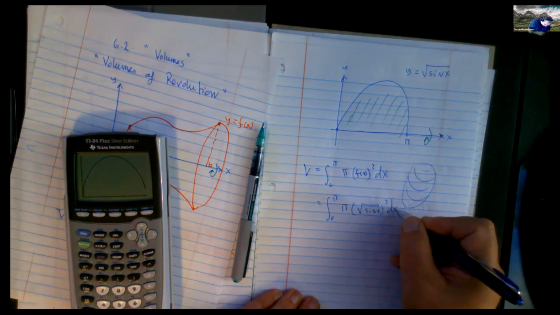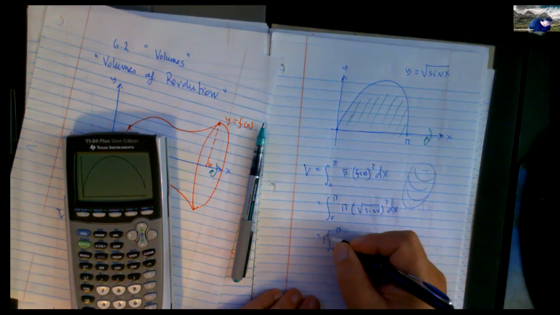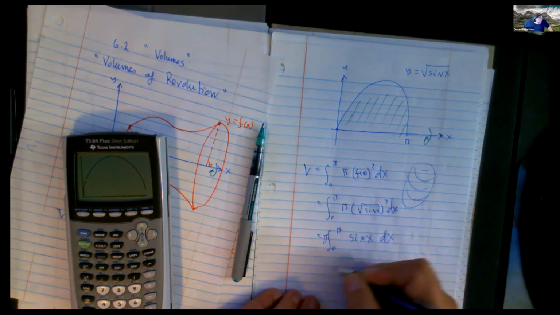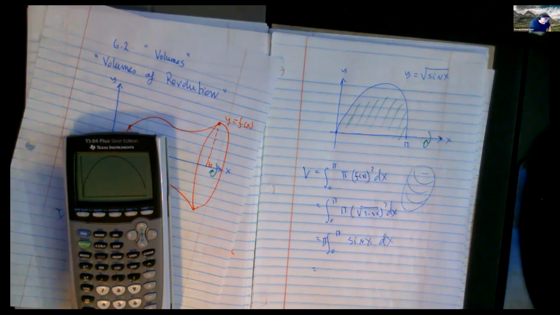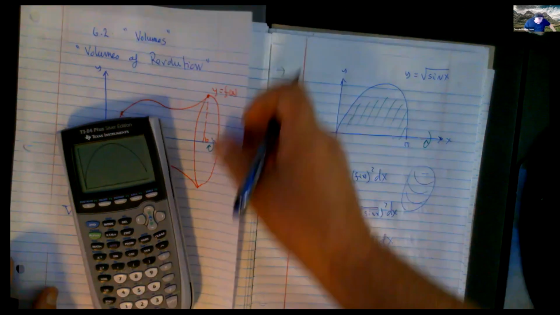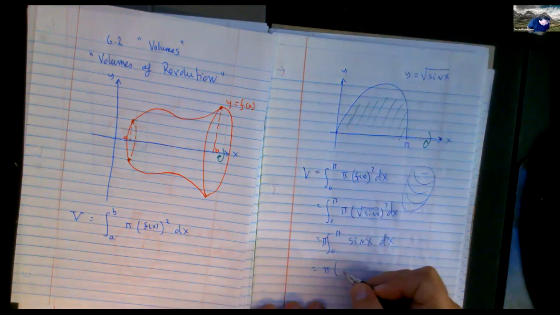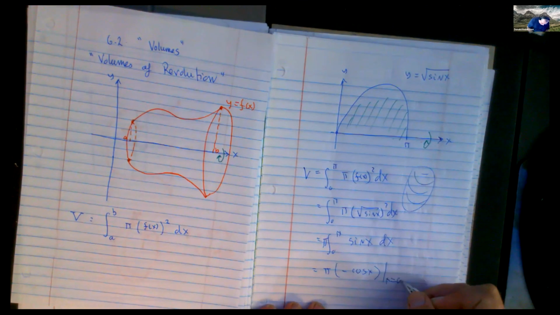which is the integral from 0 to pi, I stick the pi outside, of just sine x. Okay, be careful. What is the antiderivative of sine x? Negative cosine x. So negative cosine x evaluated at 0 and evaluated at pi.